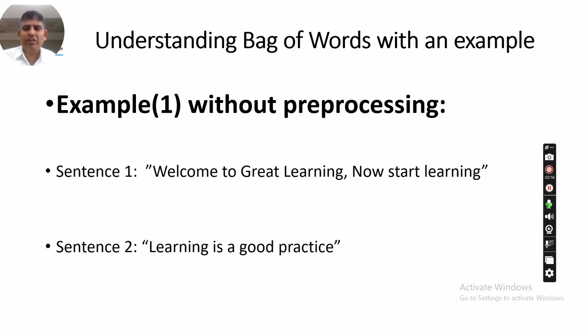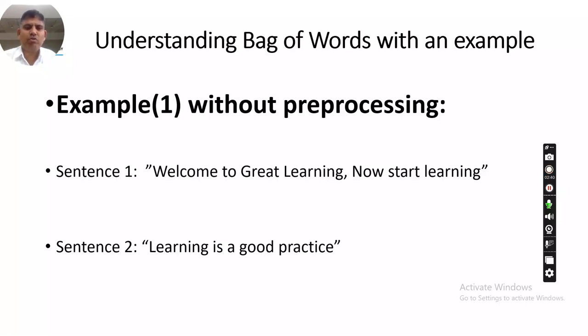As we learned in the different text pre-processing operations, there are operations like lower casing and stop word removal. To understand bag of words, we will take two examples: first without pre-processing the text, and second with pre-processing the text.